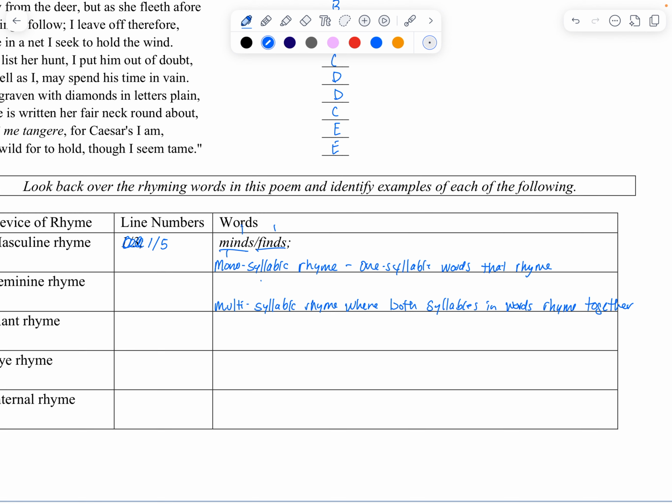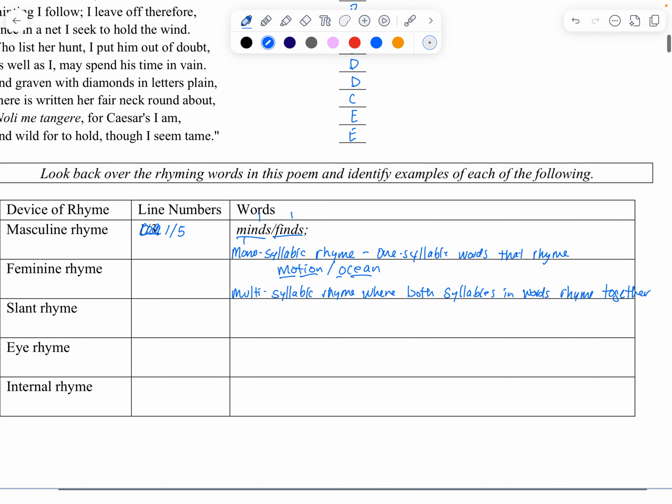Think of the word motion and ocean. Okay, we have mo and o that rhyme with each other, shun and shun that rhyme with each other. Okay, so that is a feminine rhyme.